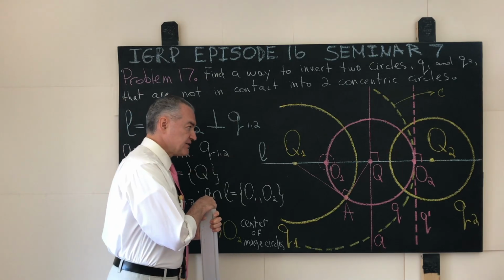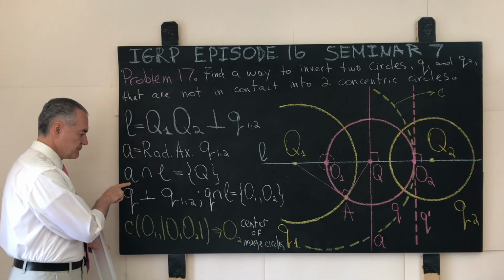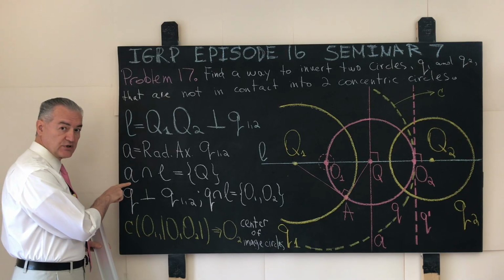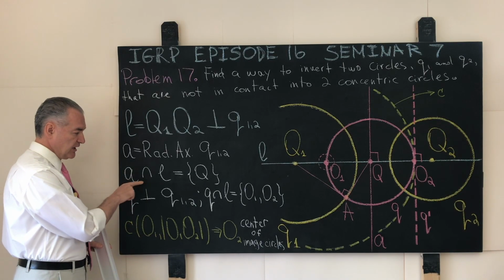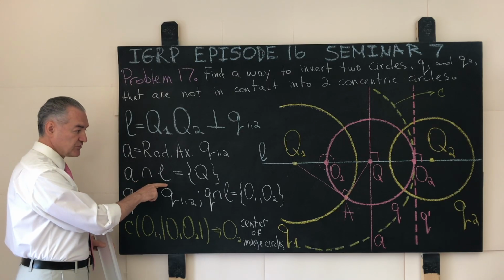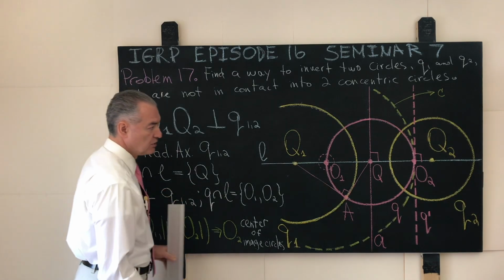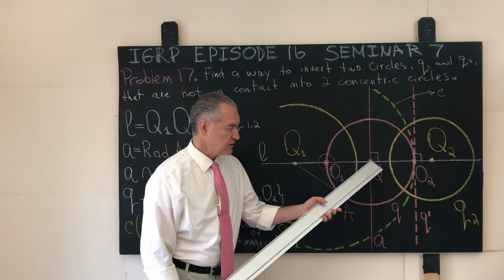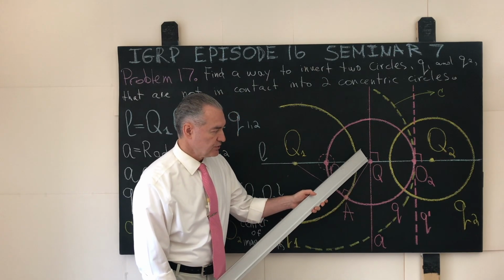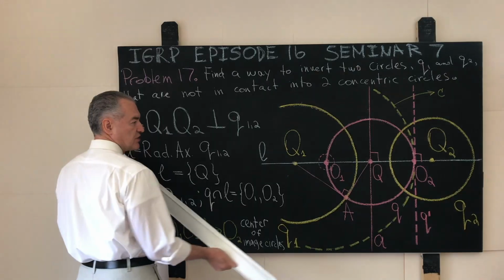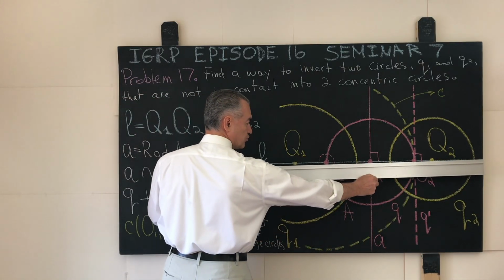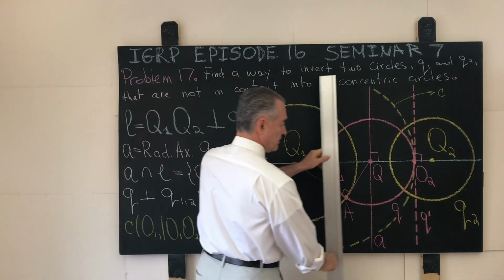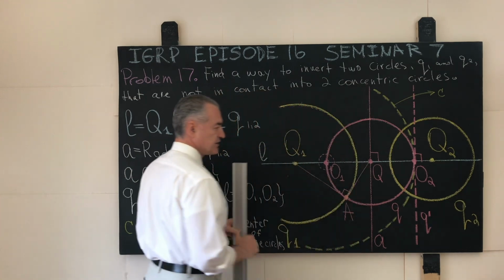Well, let us say that our radical axis of the two given input circles intersects the line of centers at the point Q. That point is shown in red over here. This is the point Q, where the straight line of centers of the input circles and their radical axis intersect.